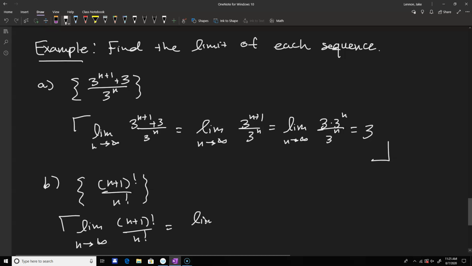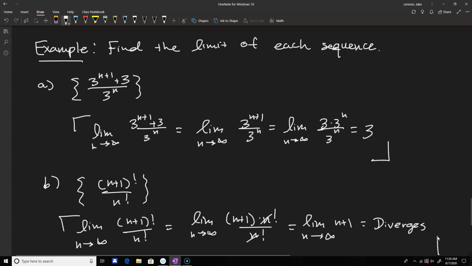So we can rewrite this: n plus 1 factorial is actually just n plus 1 times n factorial, over n factorial. And because these cancel, we're just looking at the limit as n goes to infinity of n plus 1, which we can quickly see diverges. That limit goes to infinity, so it's not approaching any finite number.